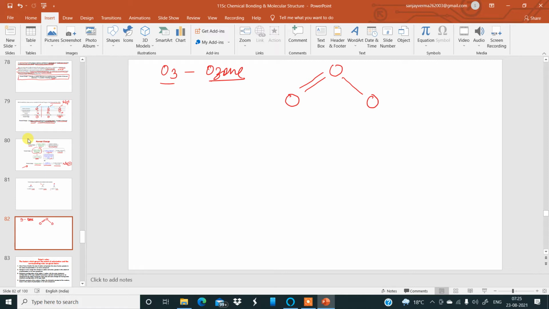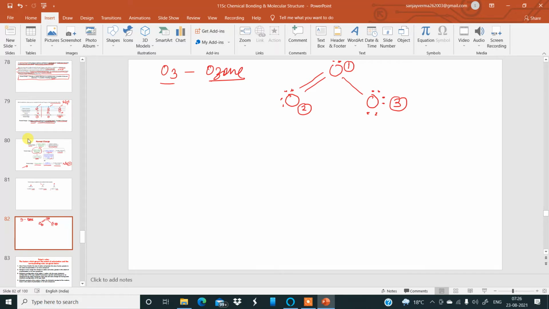Now let us put the electrons. This will have a lone pair, this will have 2 lone pairs, this will have 3 lone pairs, 1, 2, 3, 4, 5, 6. This is the Lewis dot structural formula of ozone, which you must remember. Now let this be oxygen atom 1, let this be oxygen atom 2, and let this be oxygen atom number 3. Let us calculate the formal charges on all these 3 oxygen atoms.